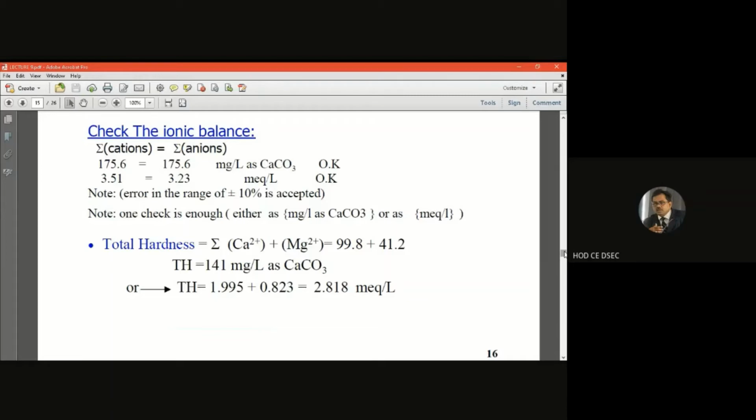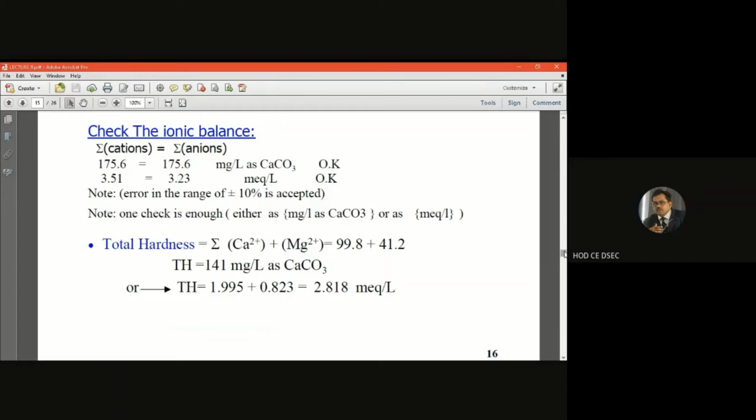Now the question asks for the total hardness. As you know, in our theory class, the 7th and 8th lectures, it was highlighted that total hardness is due mainly to the calcium ion and the magnesium ion.